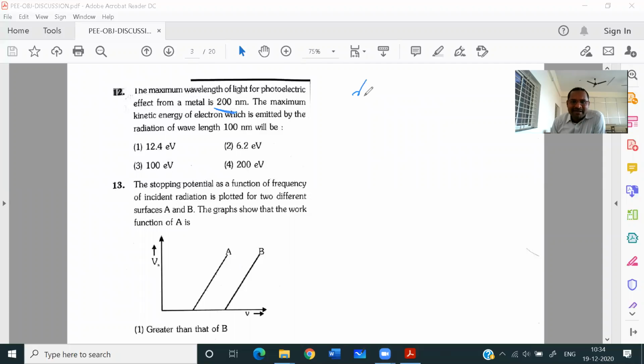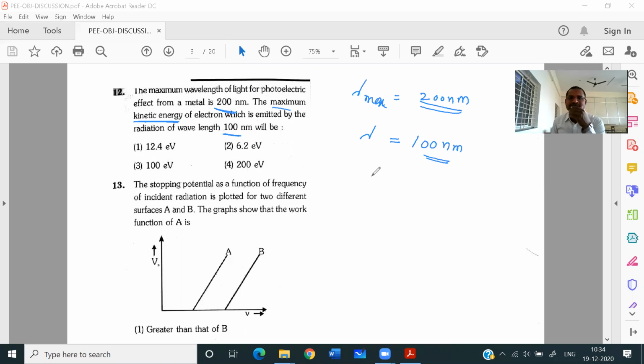Lambda maximum given is 200 nanometers. Be careful with the nanometer unit. What is the maximum kinetic energy of photoelectrons emitted by radiation of wavelength 100 nanometers?